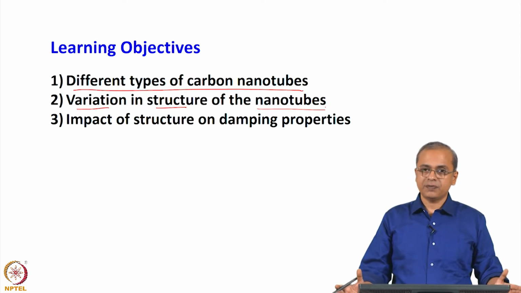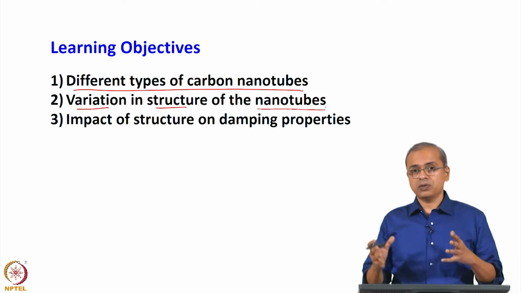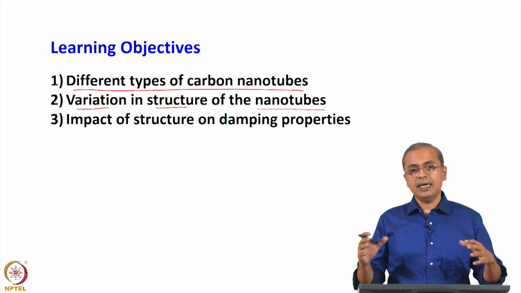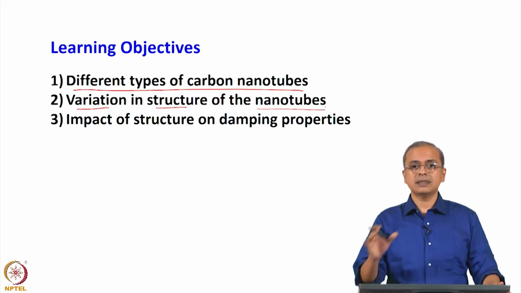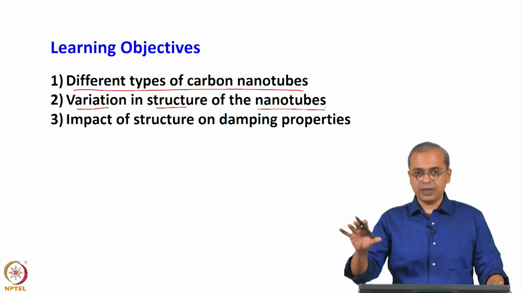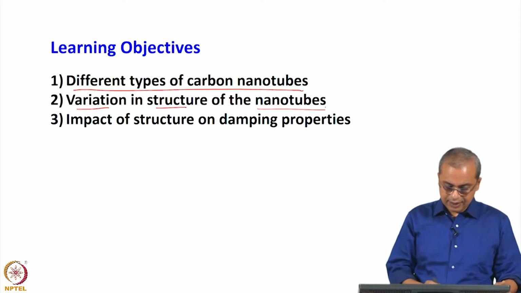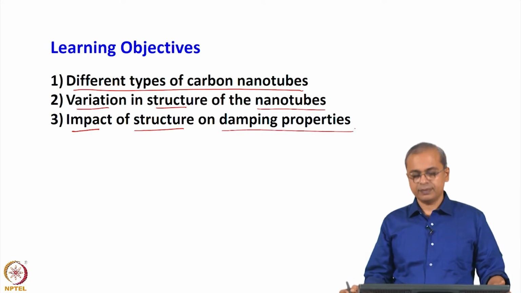We are looking at the variation of structure of the nanotube, and therefore we have some sense of what it may or may not be able to accomplish for us. You can get nanotubes with a variety of different structures, and therefore we want to understand those structures, see what is possible with respect to them, and then look at the impact of the structure on damping properties.